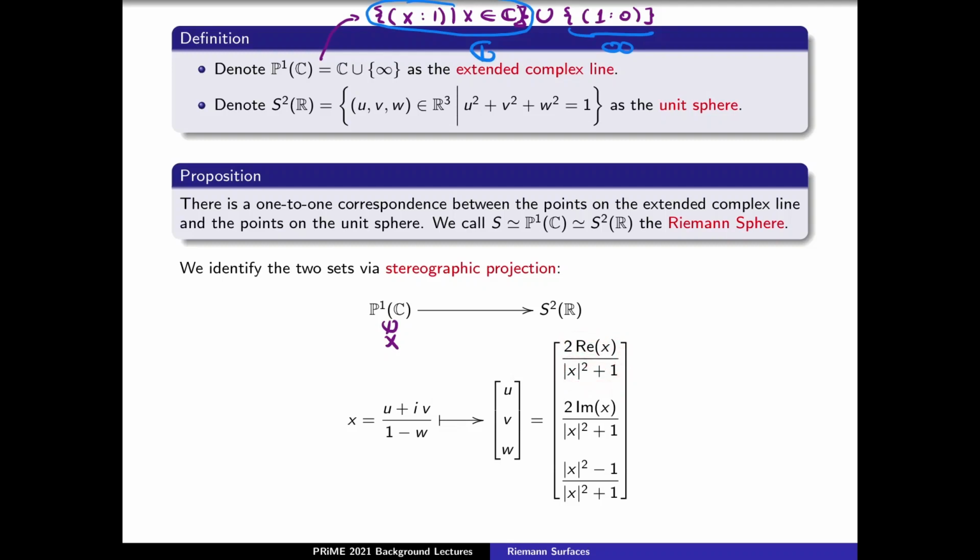Now keep in mind, x is in C, and if x is in C, then we can define the modulus of x as the distance to the origin. So this is going to be alpha squared plus beta squared, where we're writing x as alpha plus i beta, for alpha and beta real numbers.